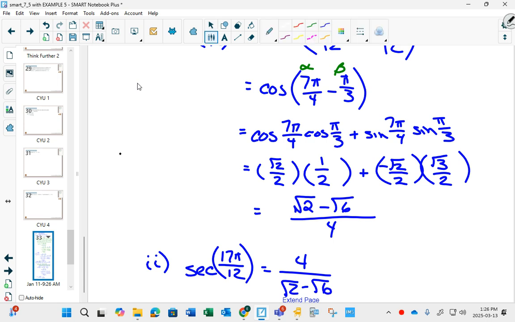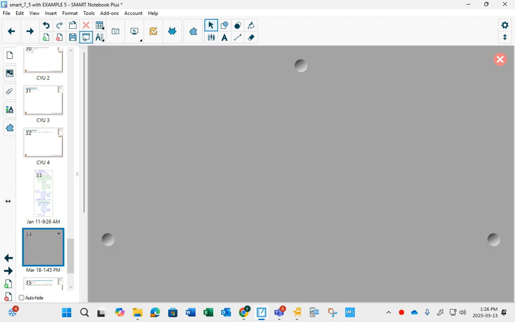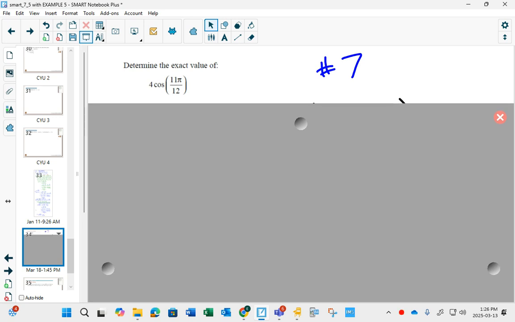Have you circled number 7 already? And I have one more question from an exam that I'm going to show you, which is just a little bit of problem solving. Yeah, so circle number 7. We'll do this one as well. This showed up on an exam.